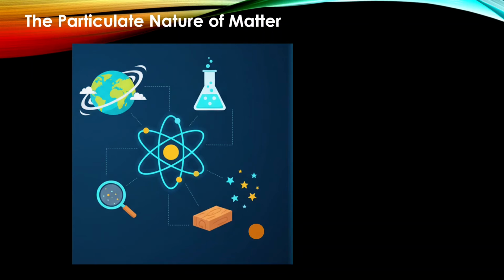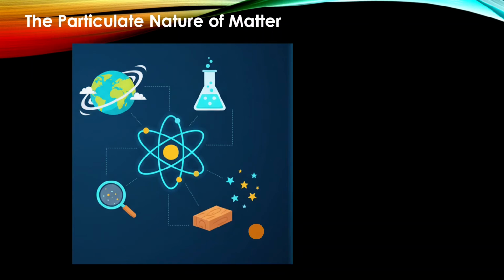Now, when do we start studying the composition of matter? Here is where it starts. Now we are looking at the particulate nature of matter. We are looking at the nature of matter.